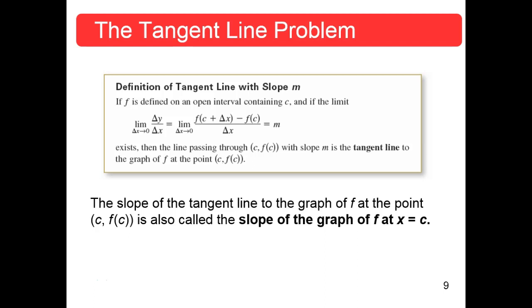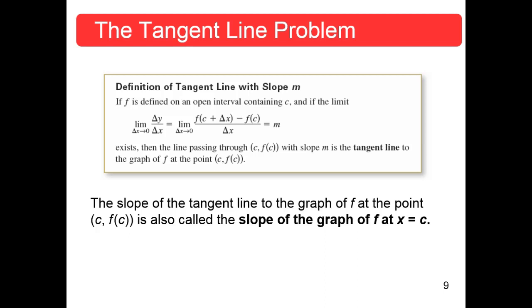If f of x is defined on an open interval containing some point c, and the limit as delta x approaches 0 of delta y over delta x, that's your slope, where delta y is f(c plus delta x) minus f(c), y2 minus y1, over c plus delta x minus c, that would just be your delta x. There's your slope of the tangent line. It's a limit as that delta x approaches 0.